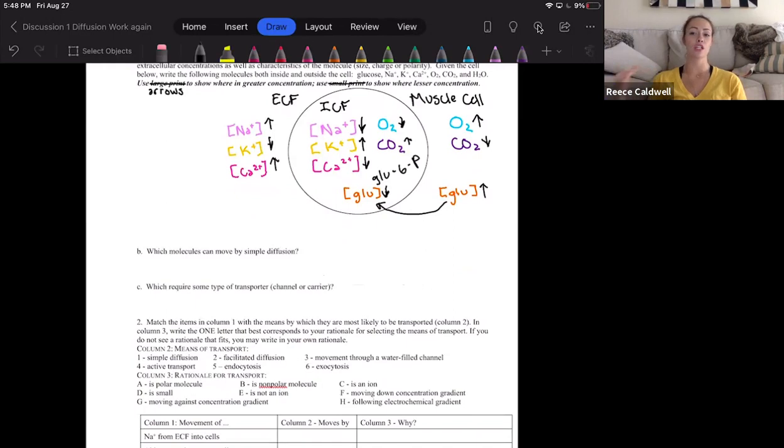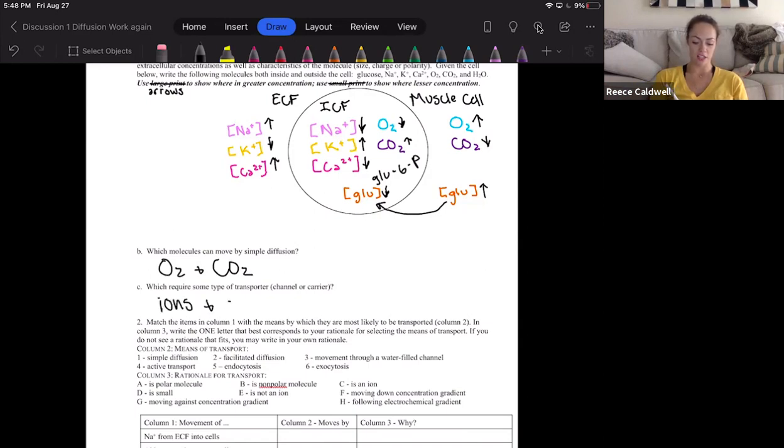Our gases are very small, nonpolar, non-charged molecules, so they can simply pass that membrane without any protein channel or energy required. So our two molecules that can move by simple diffusion are going to be our O2 and our CO2, our gases. The next one asks which requires some type of transporter. Well, it's going to be the rest of them, our ions and our glucose.